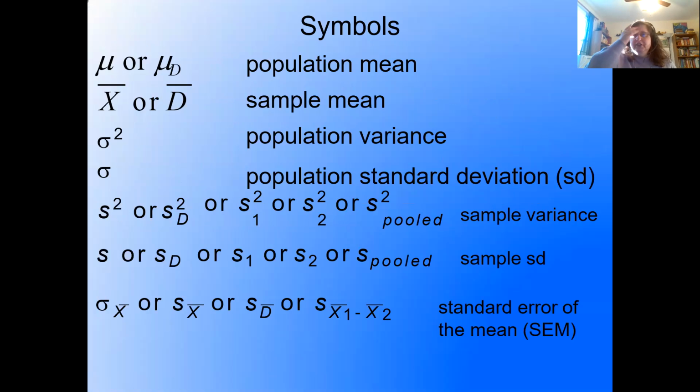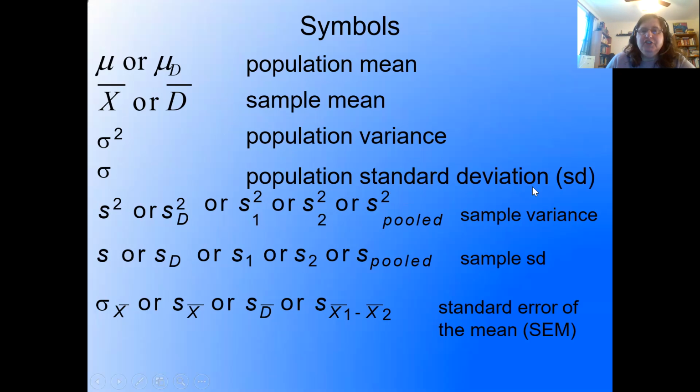I want to quickly review what I put together, which is some symbols for you guys, just so that you have all the symbols in kind of one place. So if you see a mu or mu d, it's the population mean. X bar or D bar is a sample mean. Sigma squared is a population variance.